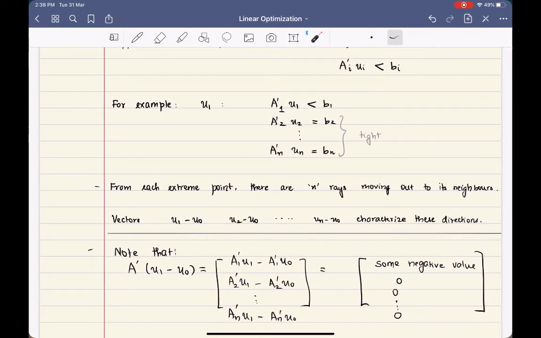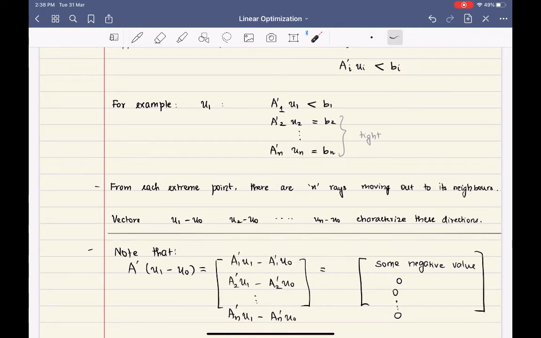Note that A prime is a1 prime, a2 prime till an prime. So there are n planes, and now I am multiplying that with u1 minus u0. So I will get the first row of A prime multiplied by u1 minus u0, second row of A prime, nth row of A prime, right?